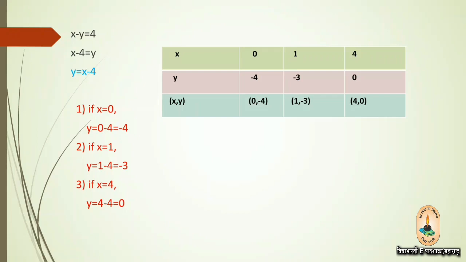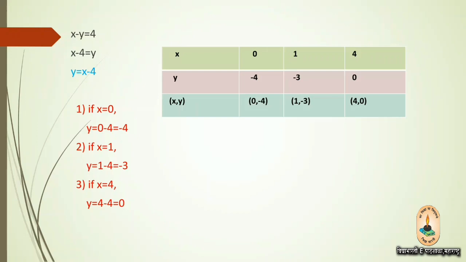If x equal to 0, putting this value in the equation y equal to x minus 4, we get y equal to 0 minus 4 equal to minus 4. Second, if x equal to 1, we get y equal to 1 minus 4 equal to minus 3.